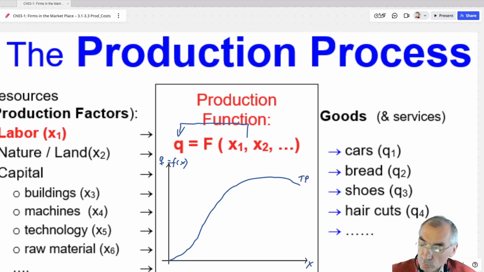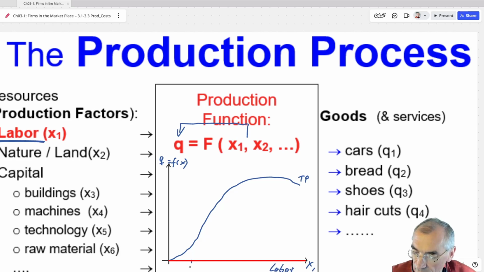And by the way, often we look at one production factor here. You might recall that we said short run means there's only one variable factor and the other factors are fixed. So it's again something like ceteris paribus, as we have been discussing before. So typically what we look at is X1 is labor.